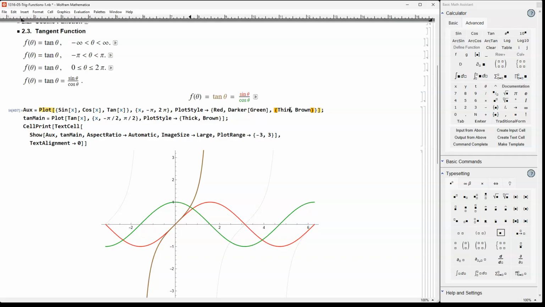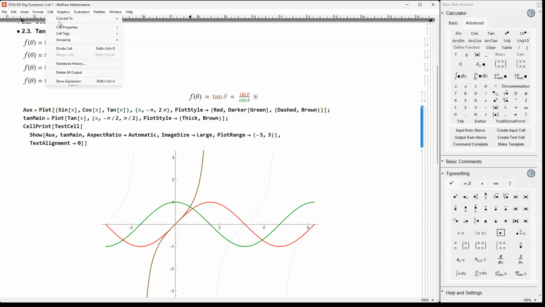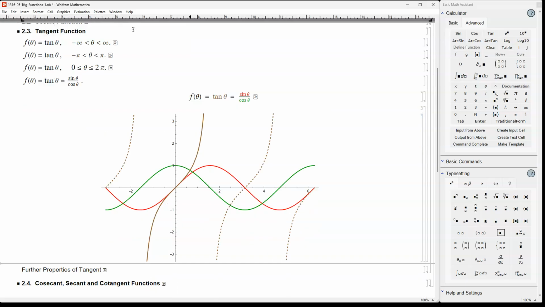So instead of thin brown, let's make it dashed. Okay, all right. This way we have graphs of the tangent function, and one branch I have highlighted, and the others are all de-emphasized in dashed curves, but they are still all graphs of the tangent function.